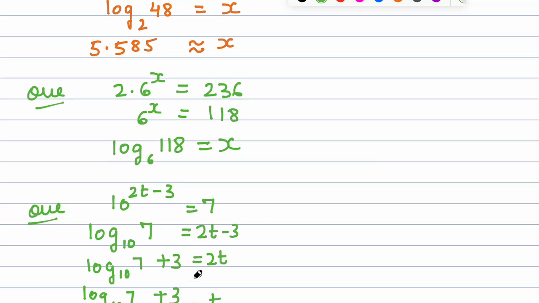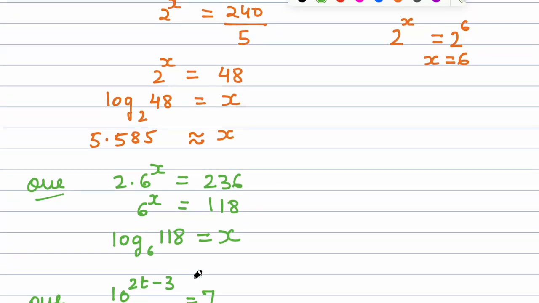Perfect. Now let's see some basic exponents. Suppose I say 6 to the power 0 is equal to 1. This is my exponent. Now how will I write it as log? Log base 6 of 1 is equal to 0. Correct? From here, we can come to a very important conclusion.